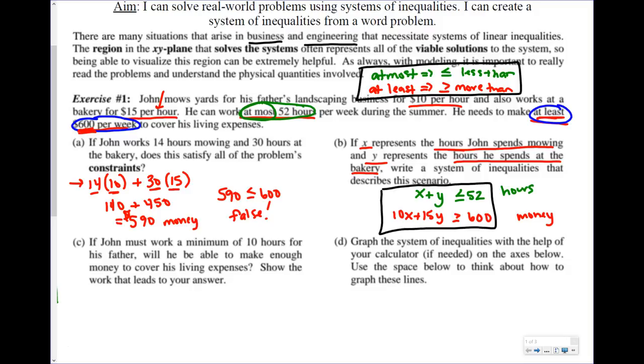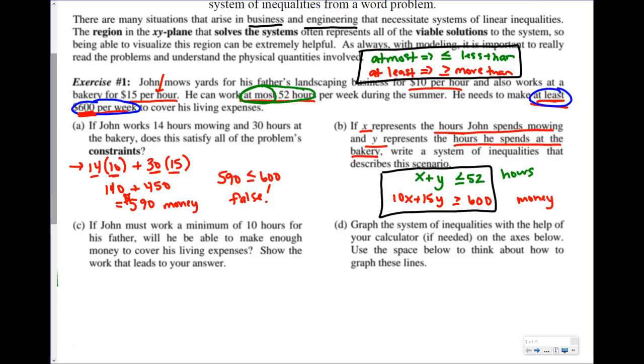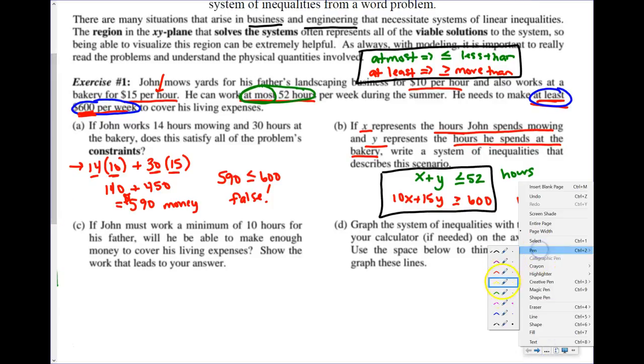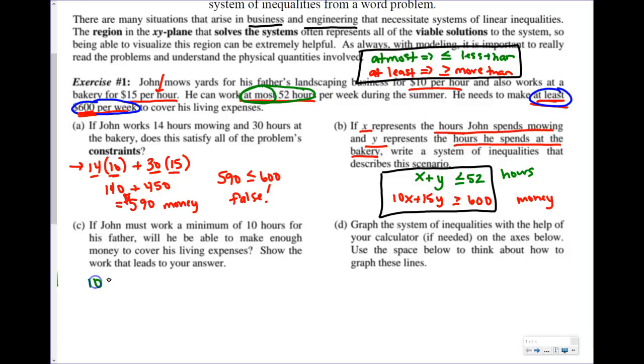Okay, and now letter C. If John must work a minimum of 10 hours for his father, will he be able to make enough money to cover his expenses? Okay, so if he works 10 hours for his father's mowing, plus however much he works at the bakery has to be less than or equal to 52.